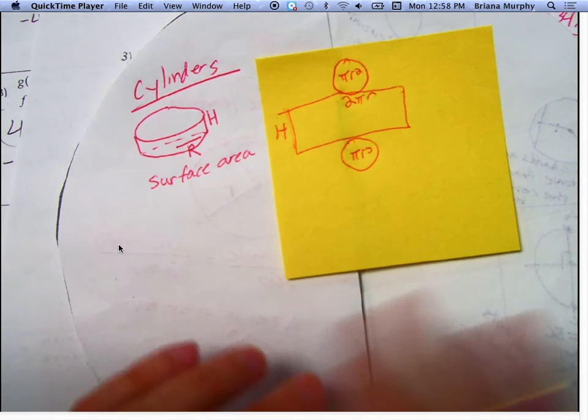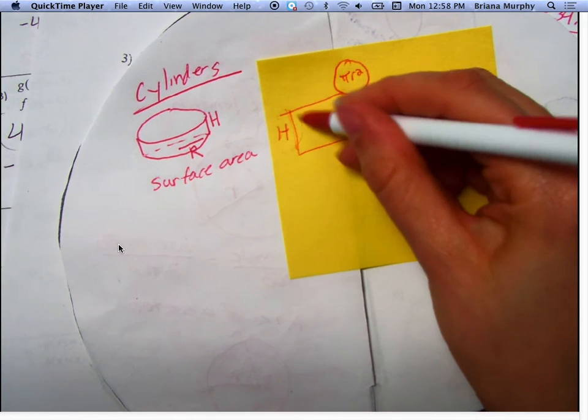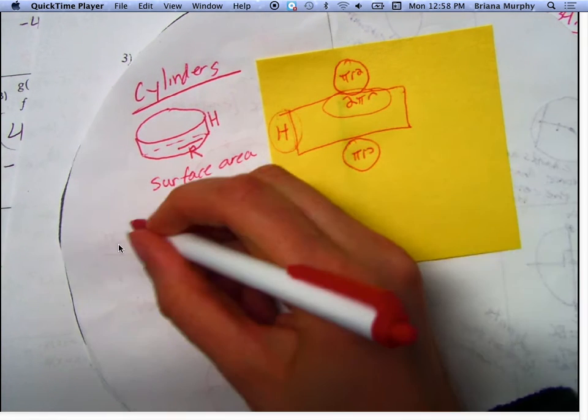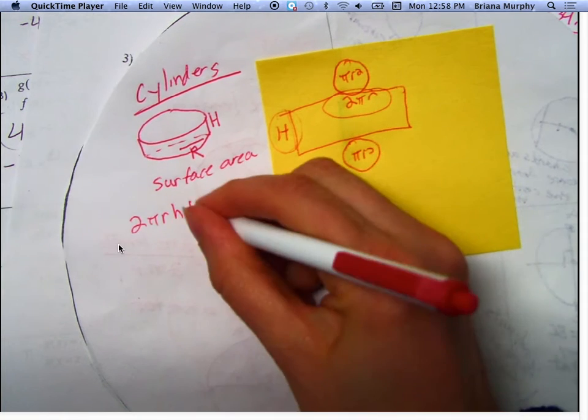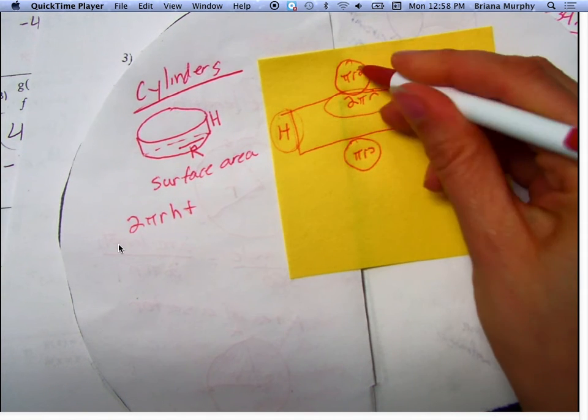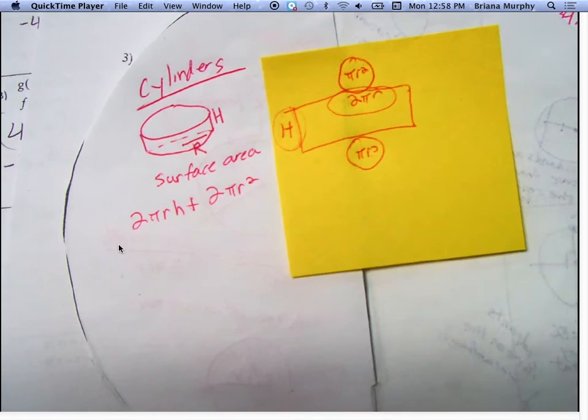So if we put all this together, we have 2 pi r times h, plus, how many of these circles do I have again? 2. So 2 pi r squared, because I have 2 circles. Does that make sense where I got that from?